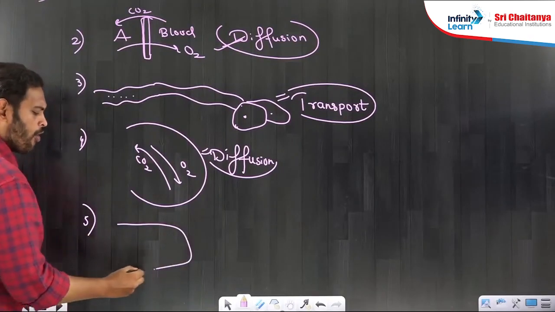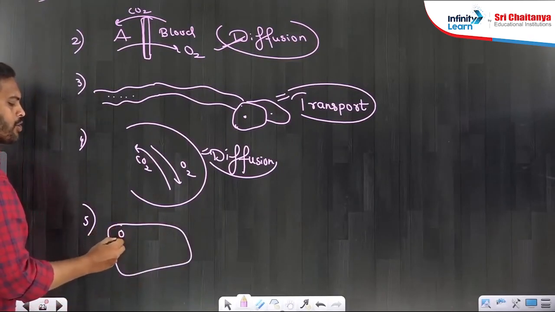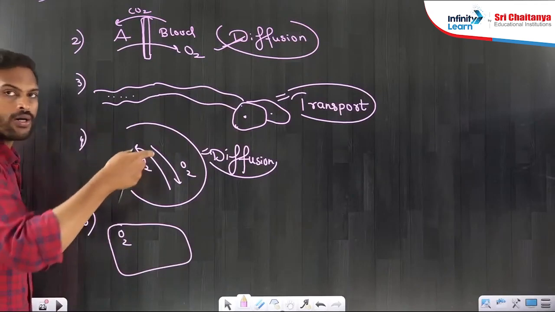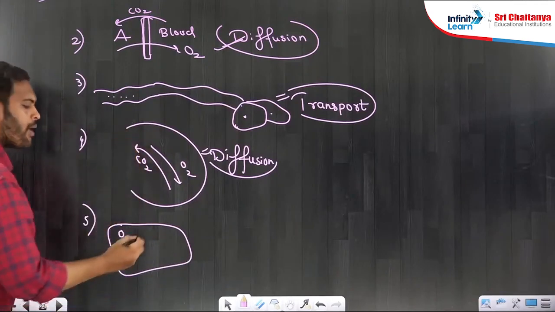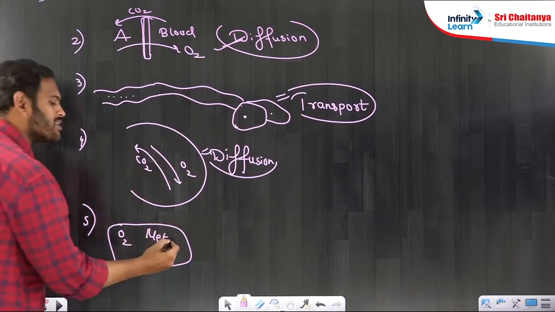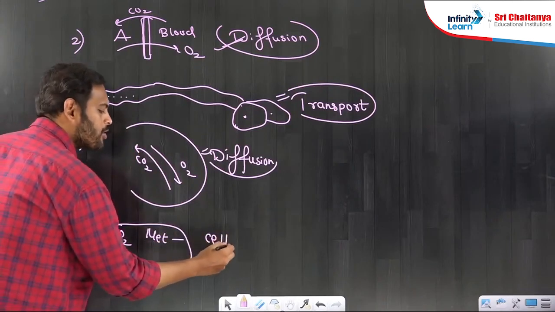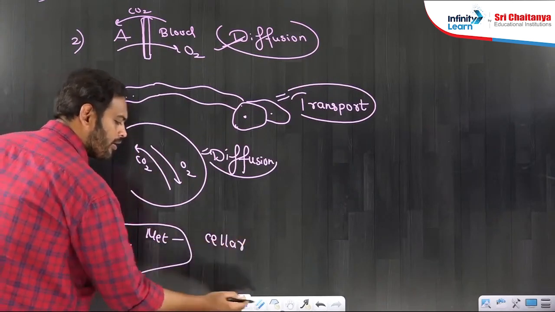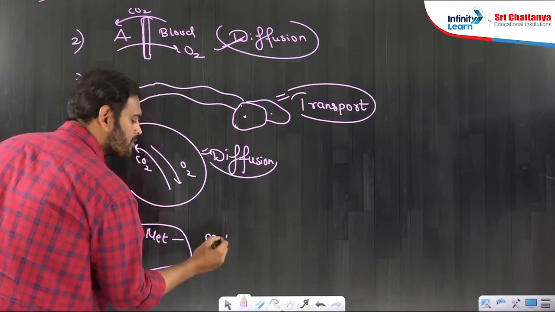So successfully tissues have received oxygen. Now what is the fate of oxygen inside your cells and tissues? Using this oxygen, your cells will perform metabolism. Metabolism happening inside a cell is referred to as cellular respiration.